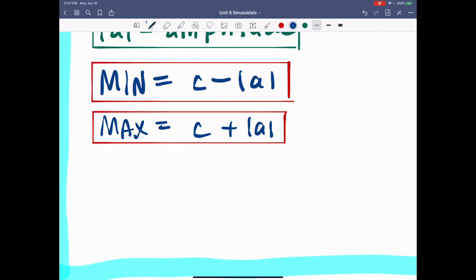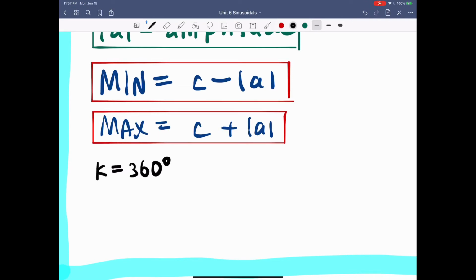Next, this is probably the most helpful one. When you are looking for the K, there's an equation associated with it, and it is 360, which is the regular period of sin x or cos x.